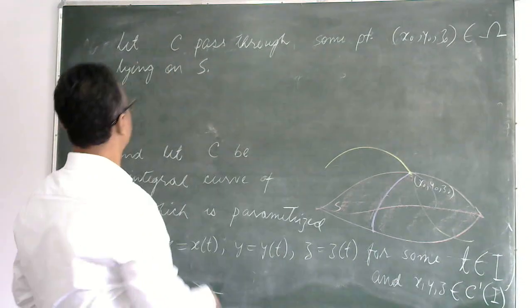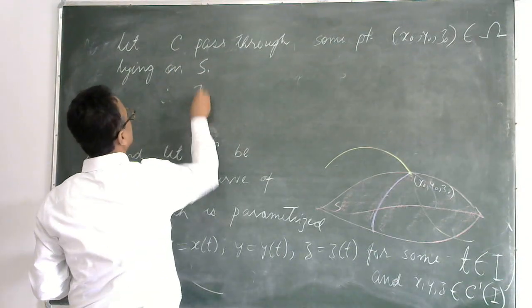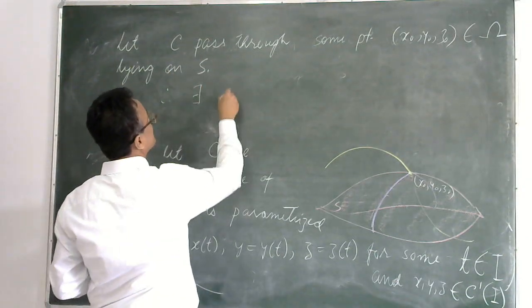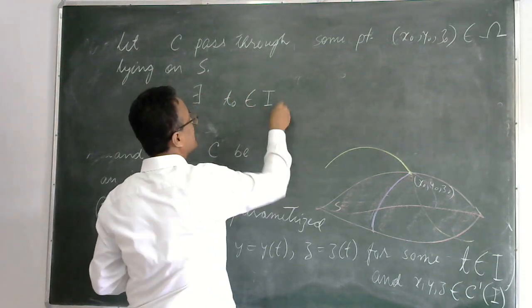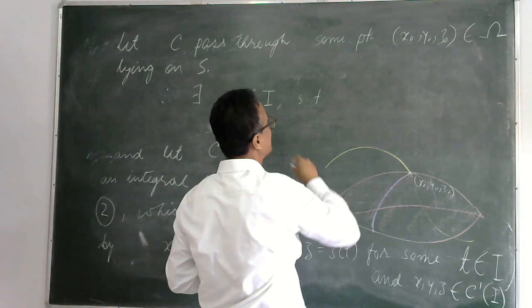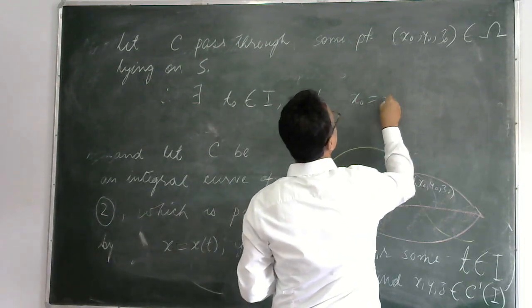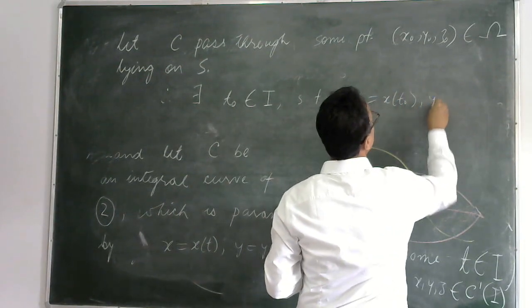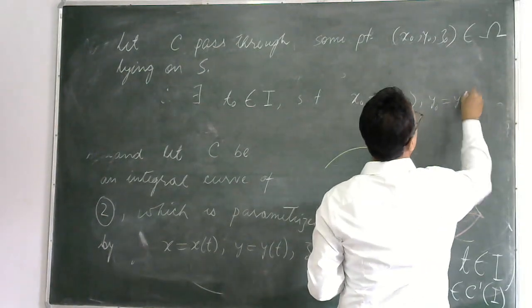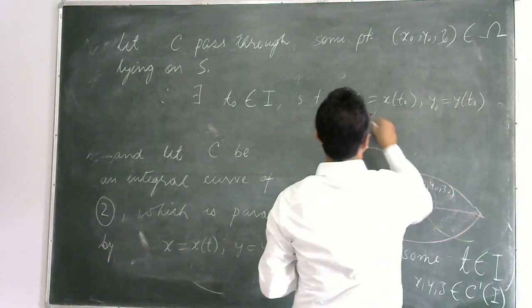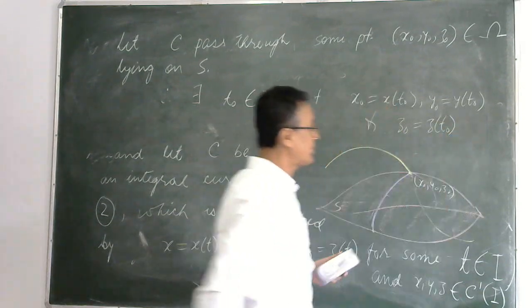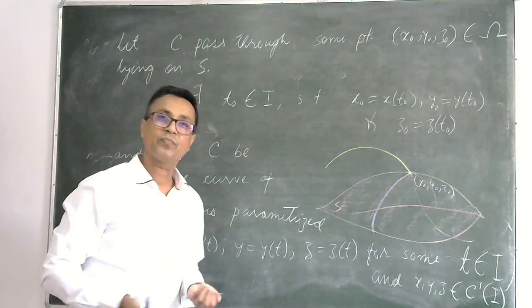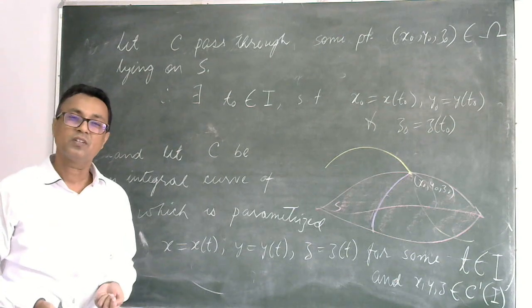So we must have some t naught belonging to I such that x naught equals x(t naught), y naught equals y(t naught), and z naught equals z(t naught). Is it okay with everybody?